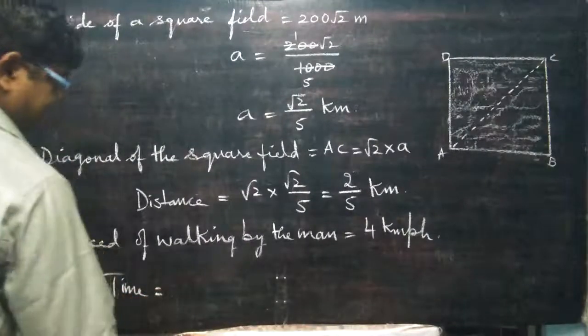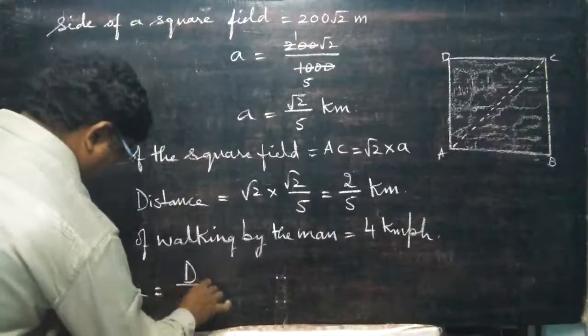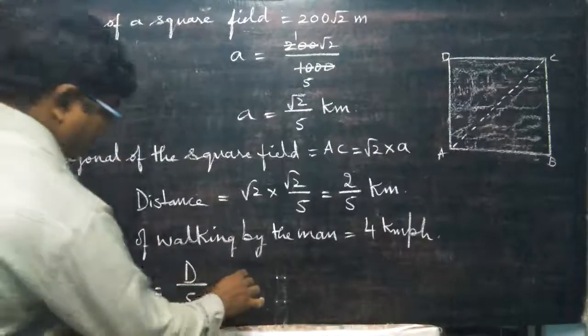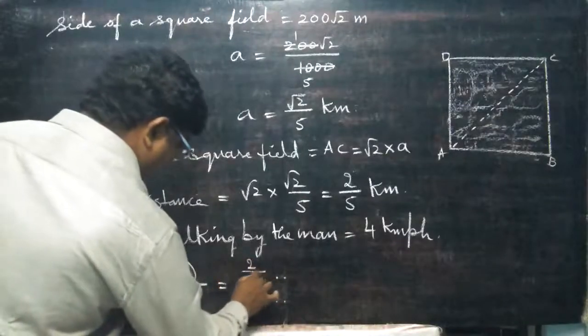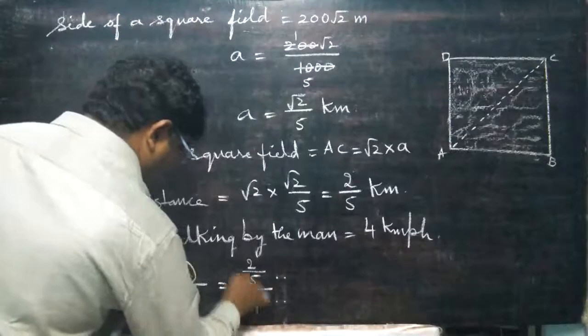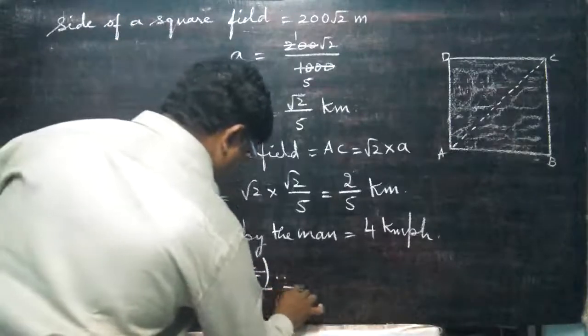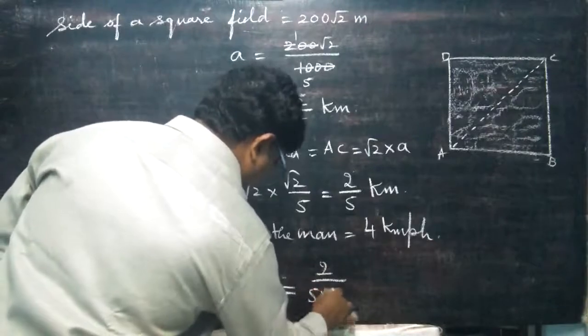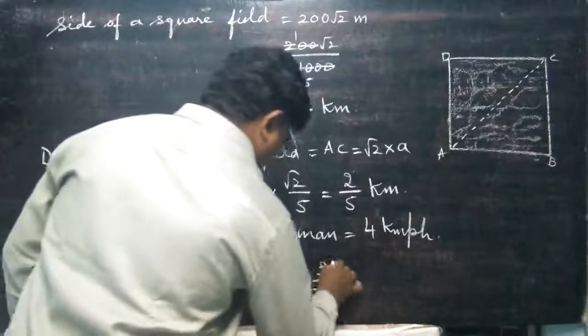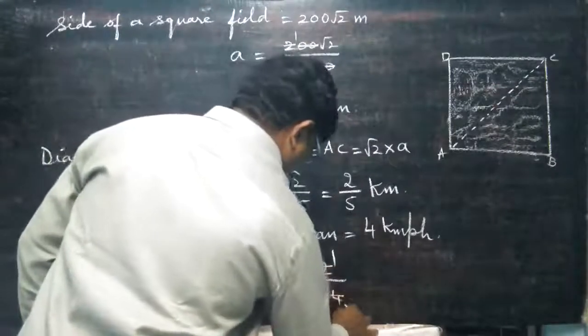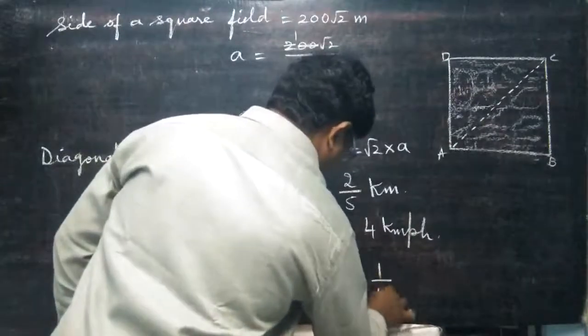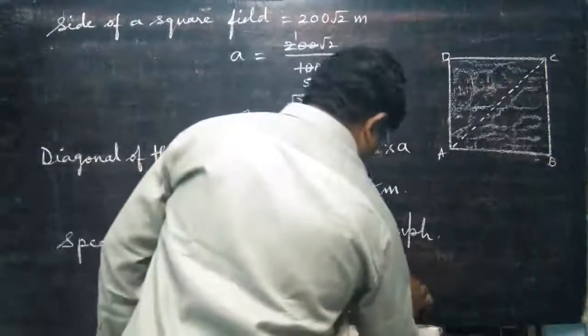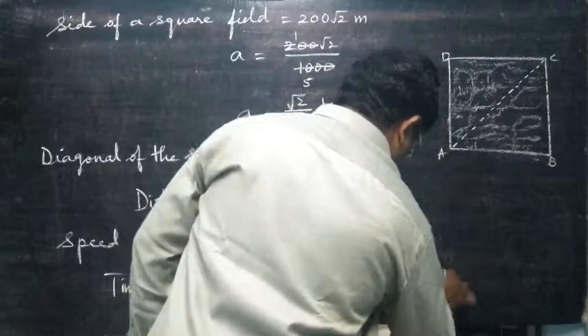Time is distance by speed. Distance is 2 by 5, divided by 4. That is equal to 2 by 5 into 4. 2 ones are 2, 2 twos are 4, so 1 by 10. That is equal to 0.1 hour.